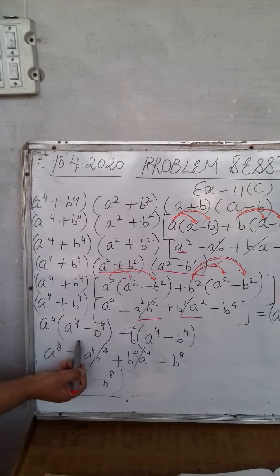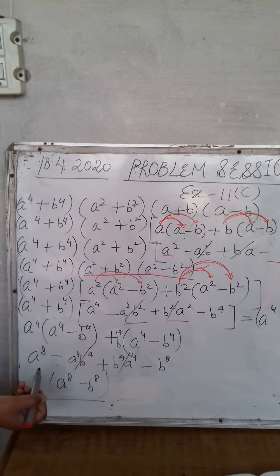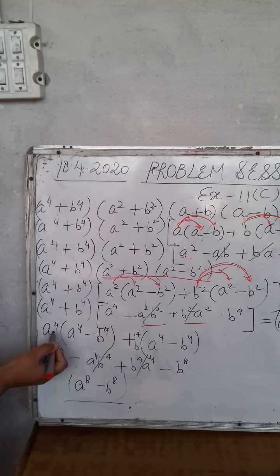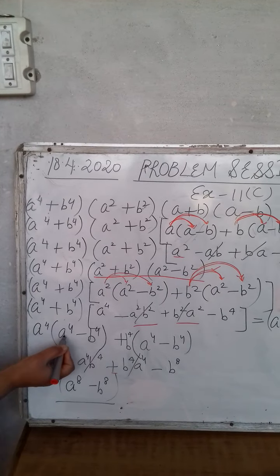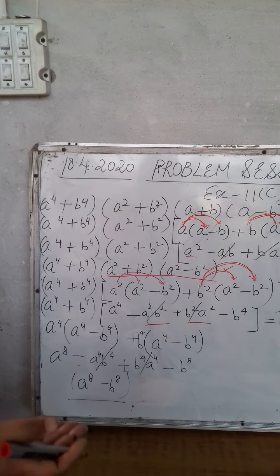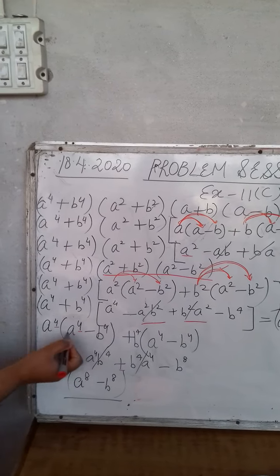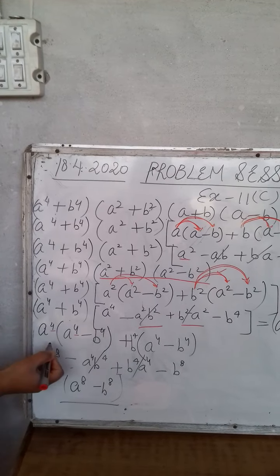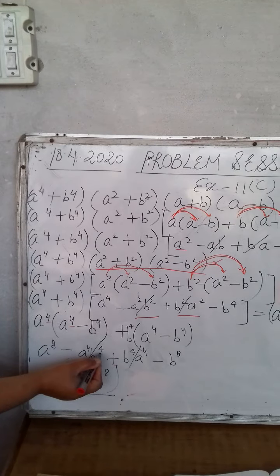Now A^4 into the whole (A^4 minus B^4) plus B^4 into the whole (A^4 minus B^4). Now A^4 into A^4, I just said A4, it is not actually A4, it is A to the power 4. So 4 plus 4, 8, and A into this, so A raised to the power 4 and B raised to the power 4.